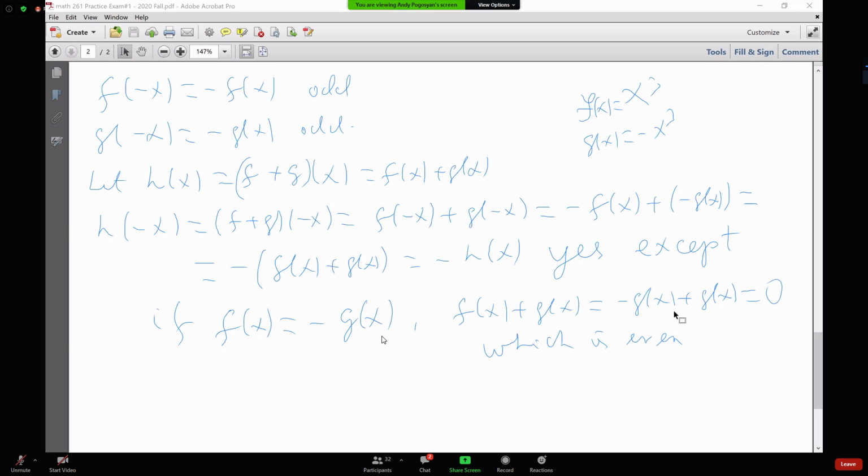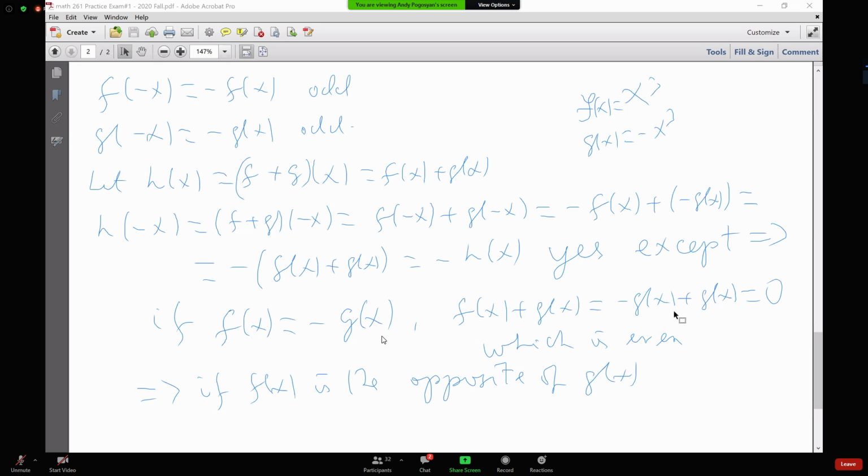So except the case when the functions are opposite of each other, it's odd.